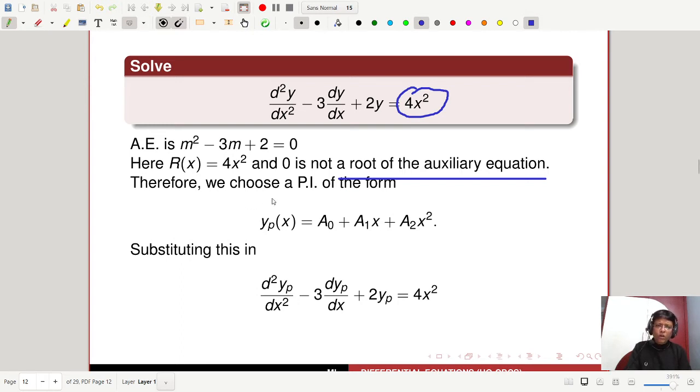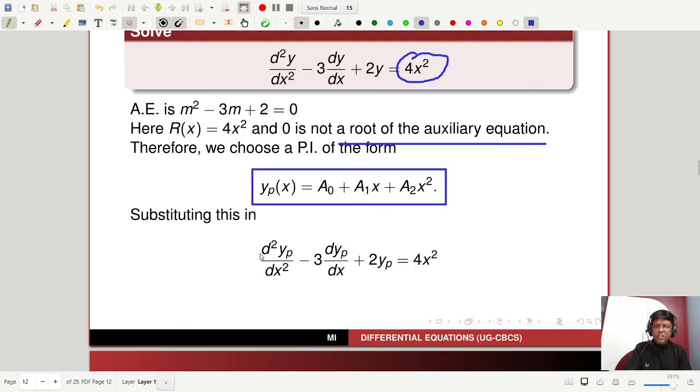Therefore, we choose the particular integral in the form, look at that, yp as a quadratic because you have a quadratic R(x). So your polynomial will be a0 plus a1x plus a2x squared. And yp is a particular solution of the given differential equation, so it will satisfy the equation.